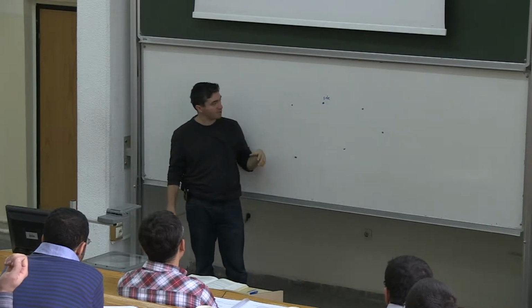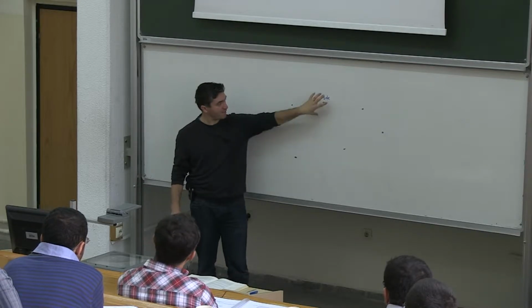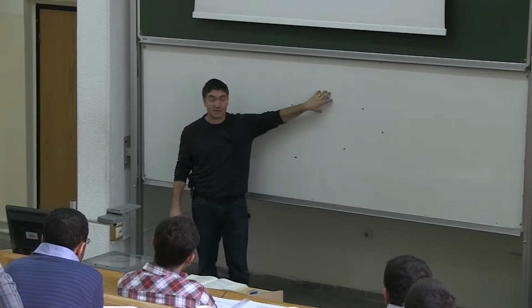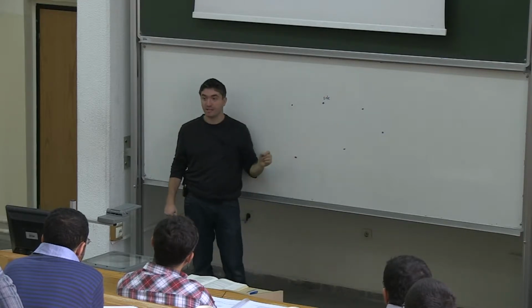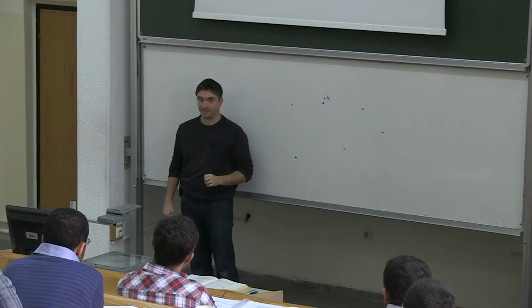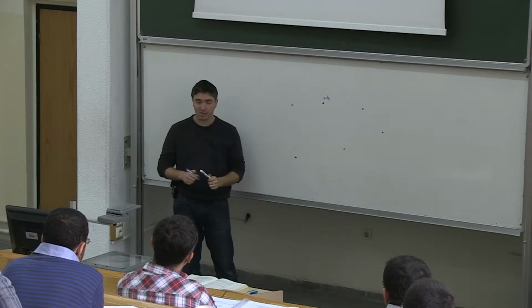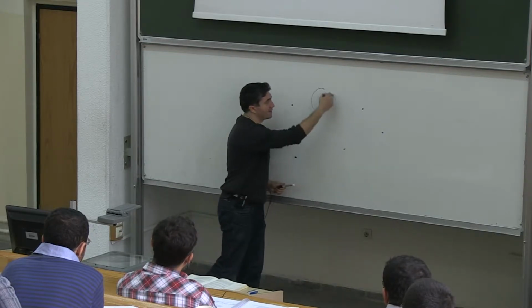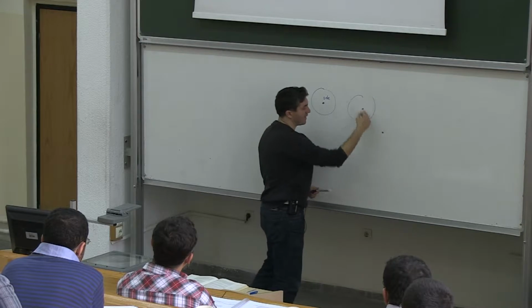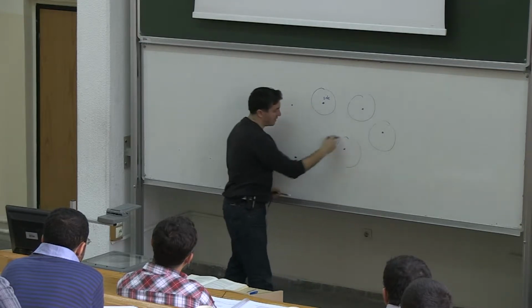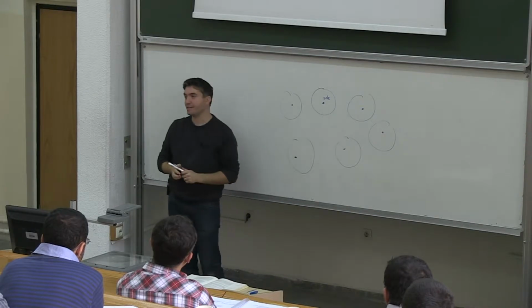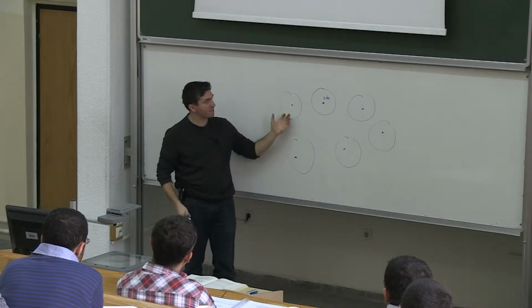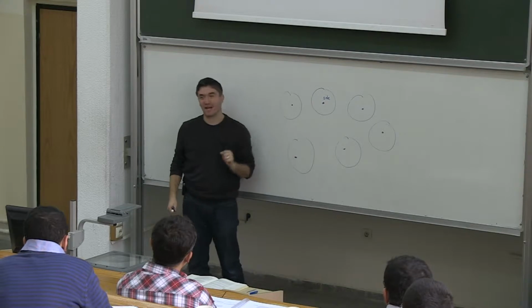Now the problem turns into certain regions. For example, given a site like this, what is the set of points which are closest to this site? So we are going to be talking about influence regions, certain regions around these sites. And these regions are going to contain points which are closest to that site.